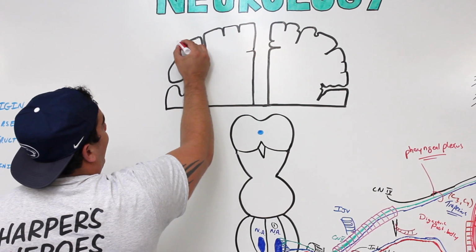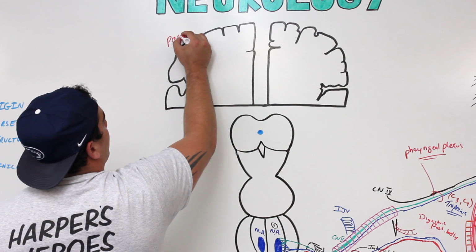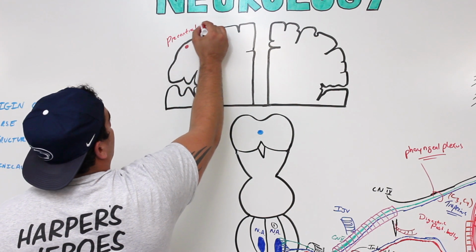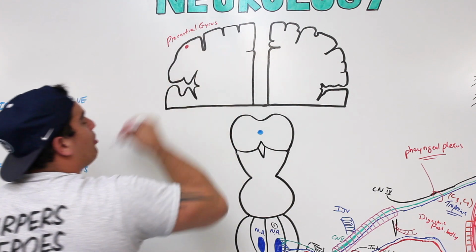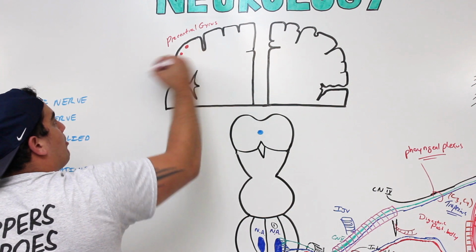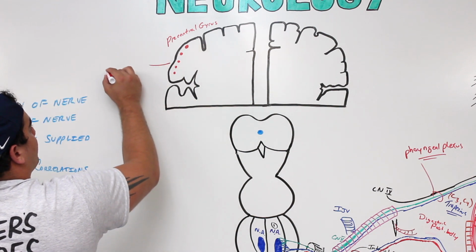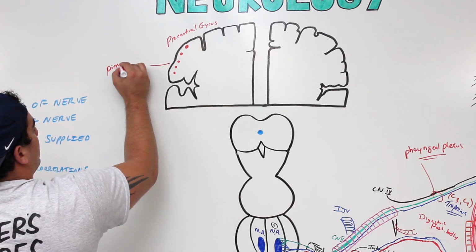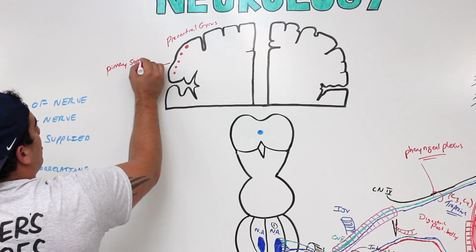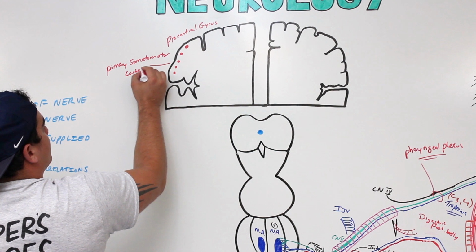This guy here, you're going to have a specific area called the precentral gyrus. In the precentral gyrus, there are the cell bodies of these motor neurons, the upper motor neurons basically. The precentral gyrus is part of what's called the primary somatomotor cortex.